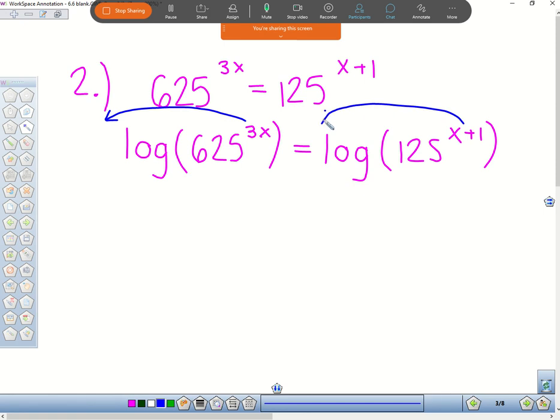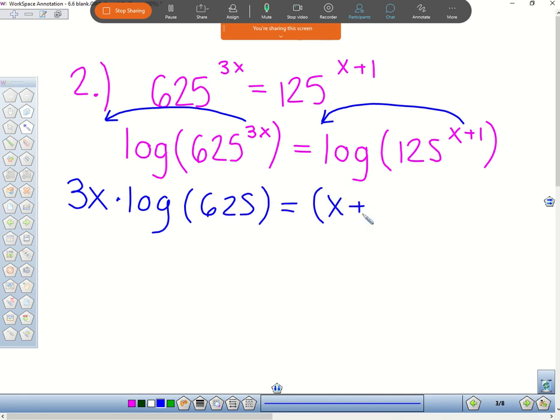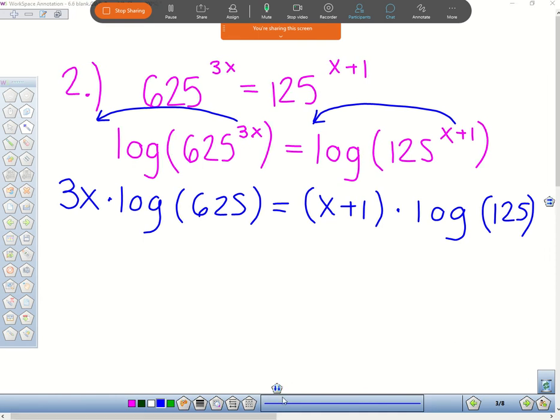Yeah, good. So you would multiply them on the outside. So it's going to be 3x times log of 625 is equal to x plus 1 times log of 125.